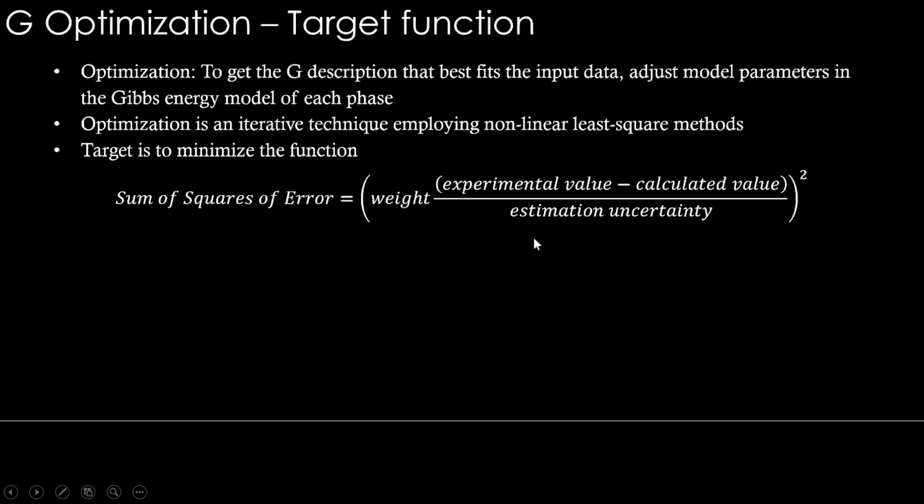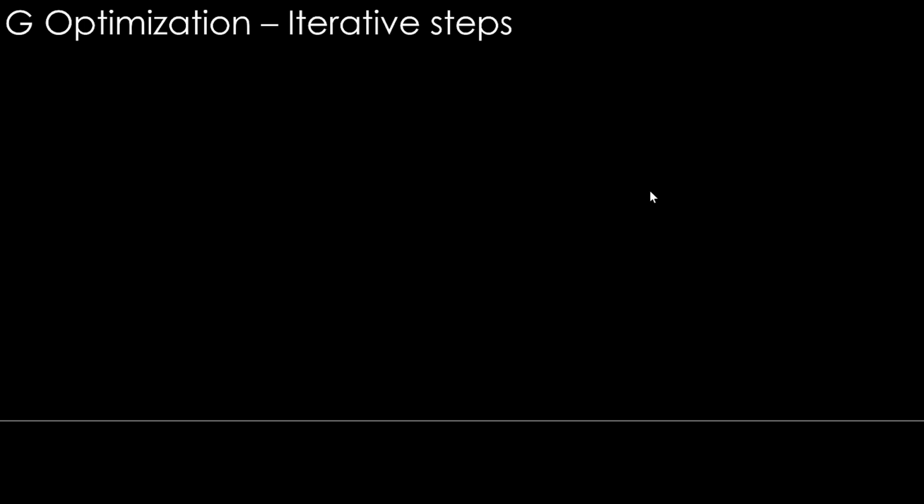This should be minimum, so that we get the minimum difference between the calculated value and the experimental value. Okay, this is where we are heading to. The target is to minimize the sum of squares of error.